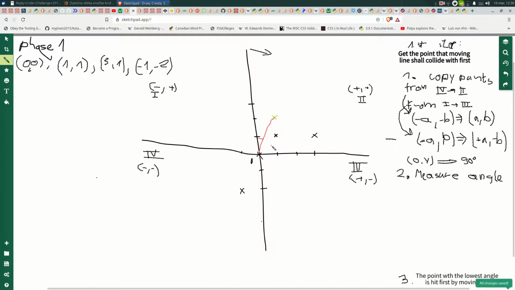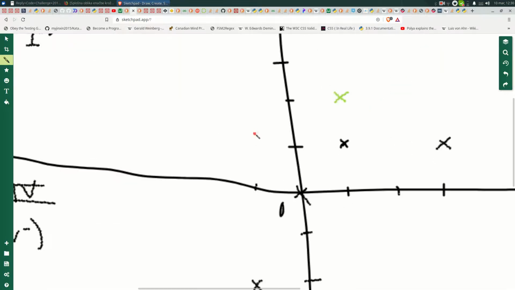Let's backtrack. Let's go a little bit closer. We write that line better. So we know the length of this line. We can calculate the length of this line. We can also calculate the length of this line. And we can also calculate the length of this line. And this is the angle that we are interested in.